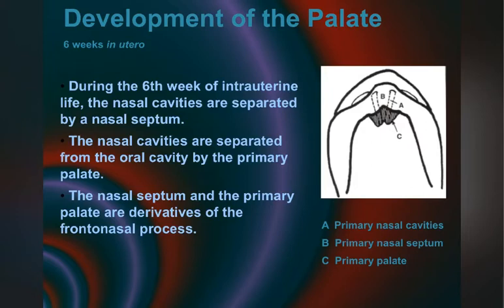The palate, we have hard palate anteriorly, soft palate posteriorly. The hard palate is supported by bone. That's why it's called hard palate. And the soft palate is supported by muscle. That's why it's called soft palate.